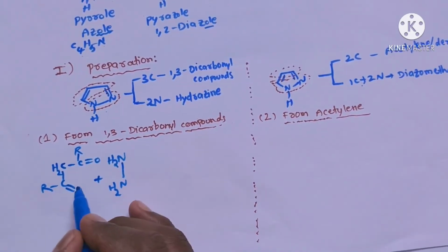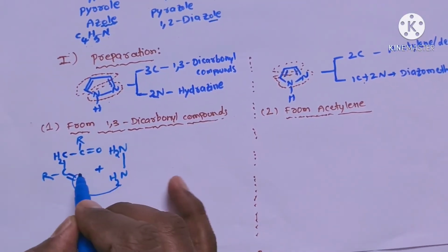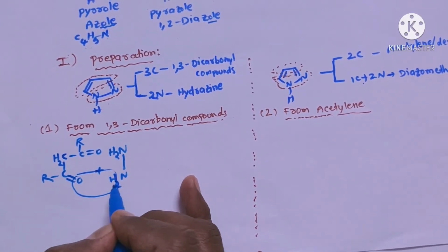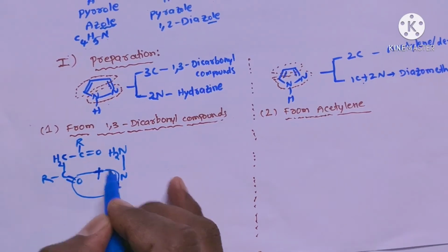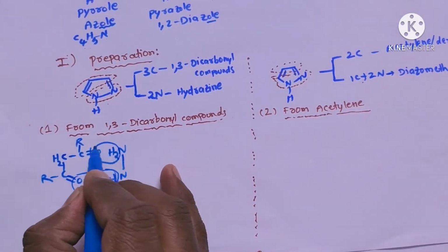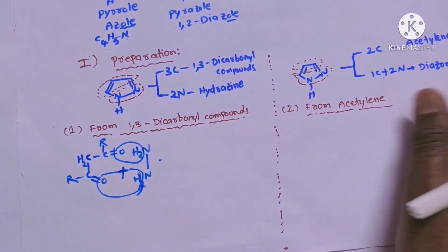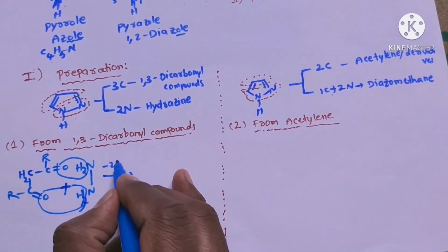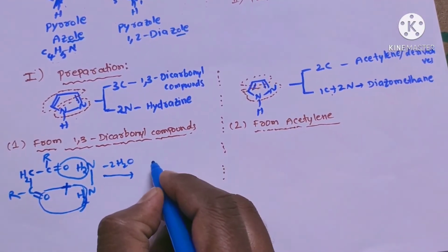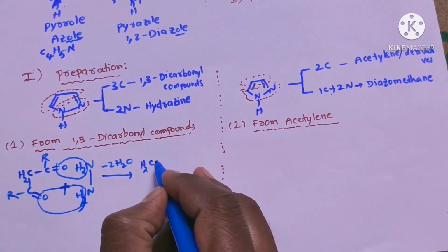So here condensation takes place. That means this oxygen atom reacts with the hydrogen of the hydrazine and goes outside in the form of a water molecule. In this method, two water molecules go outside. As a result, we get this type of compound.